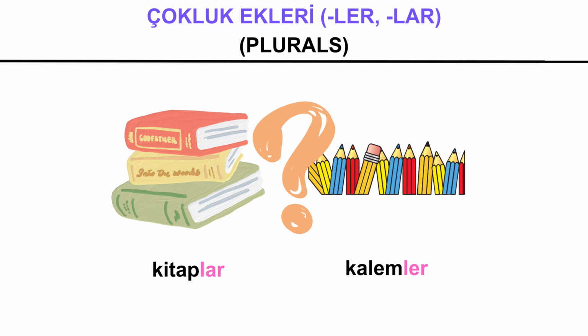But how come when the word was kitap, it became kitaplar, but when we look at kalem, it became kalemler? Why did we change it? The rule is, when we want to add a suffix to a noun, we look at the last vowel of that noun.